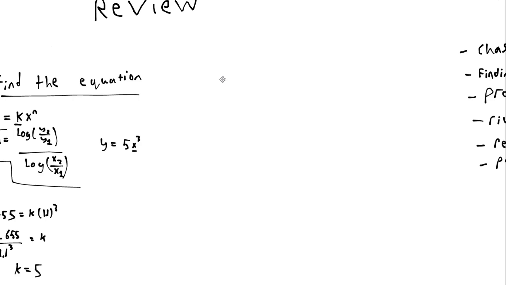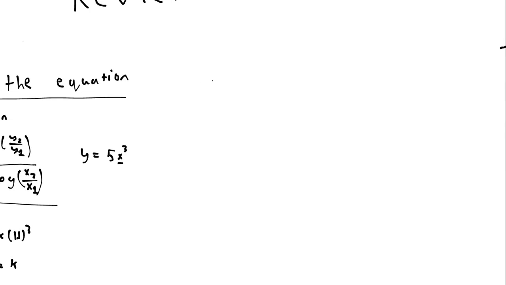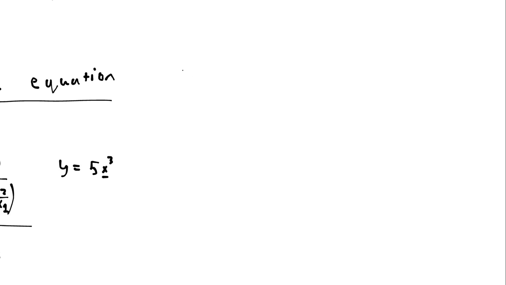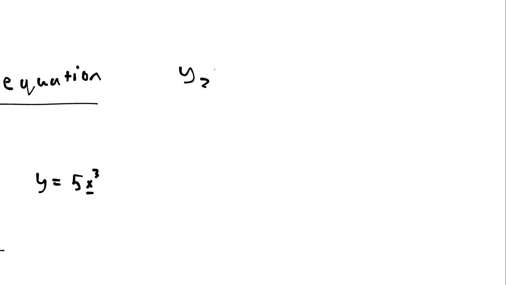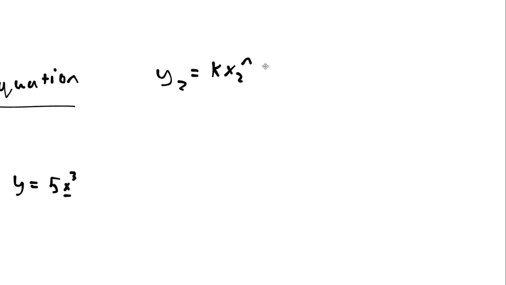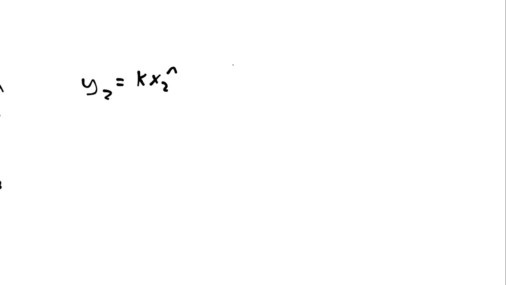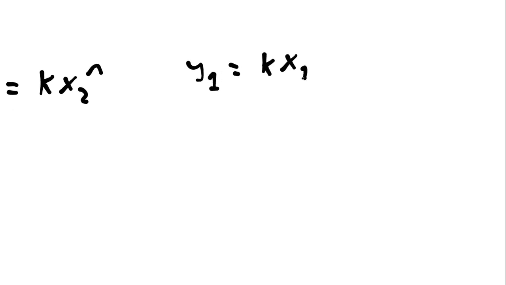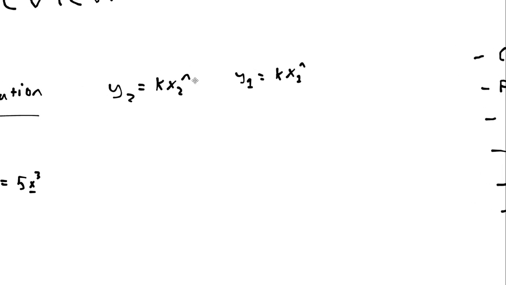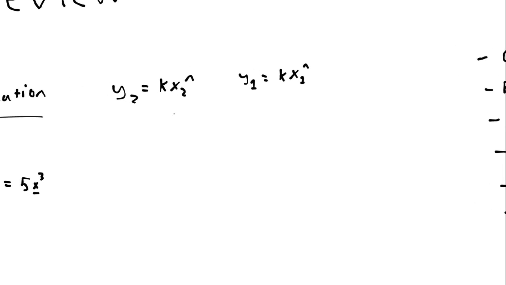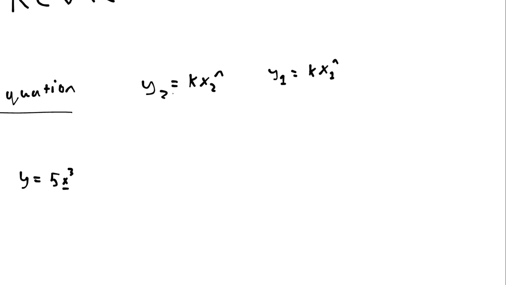So let's see how I derive the equation. I'm going to do y2 equals k times x2 to the power of n. And there's another one, so that's y1 equals k x1 to the power of n. It's going to look a little weird, but this is how you do it.